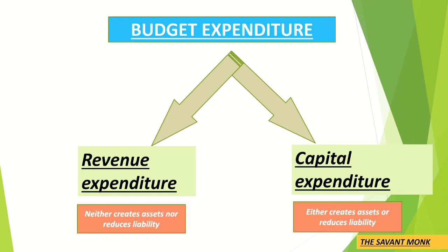So this is non-recurring type because generally the government makes some big projects once in a while, okay, and then these are developmental expenditure because from these the government earns some money, by buying some assets, because it is creating some assets, the government earns more money because the government is doing some sort of investment by creating assets for it, and it is also reducing liability, that is the burden on the government.